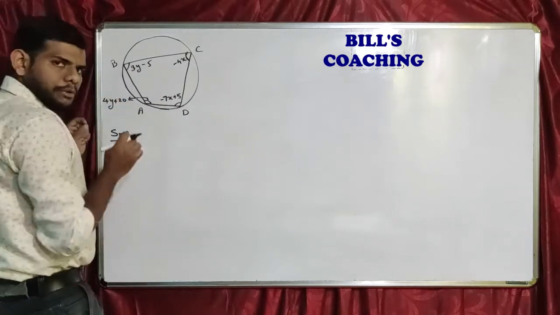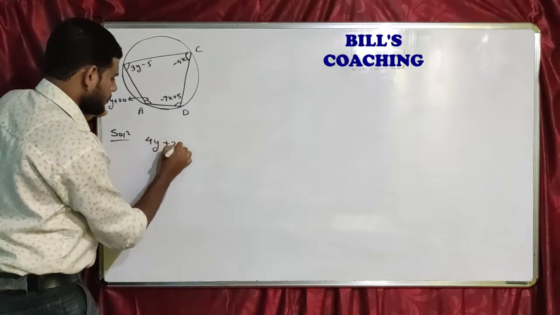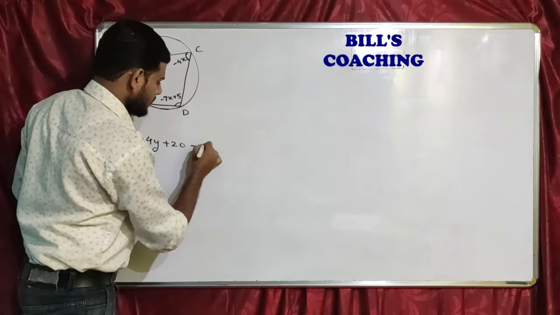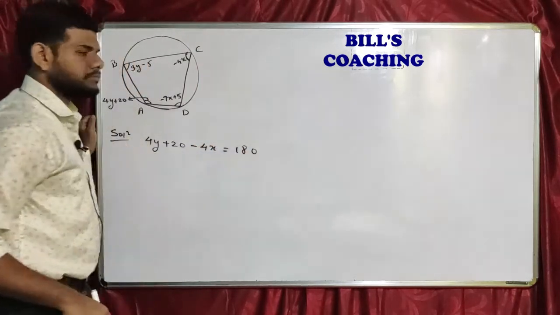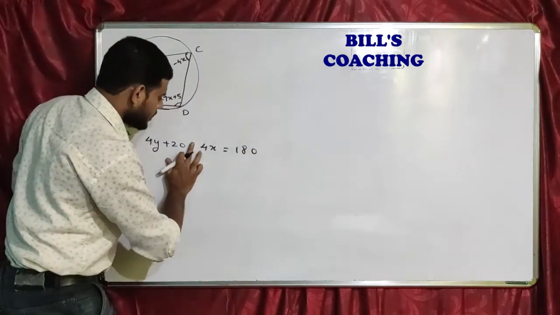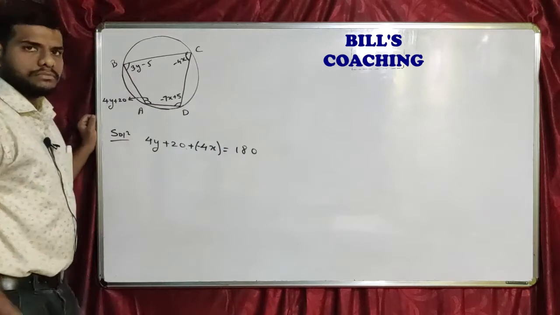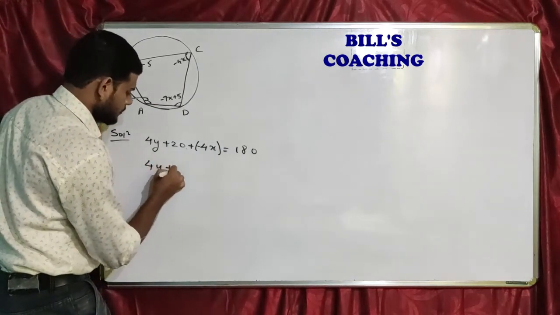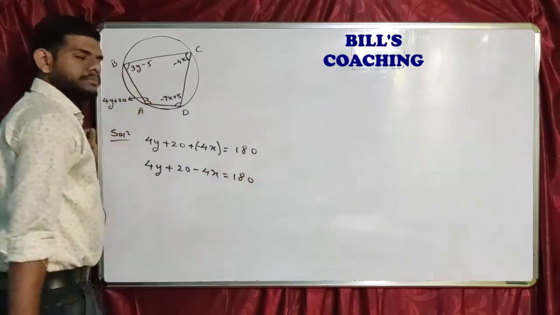Okay, so with that property, let me write this 4y plus 20, this x as it is will be equal to 180. For better explanation, let me write in this way. Then just open this up. So we'll get 4x plus 20 minus 4x will be equal to 180.